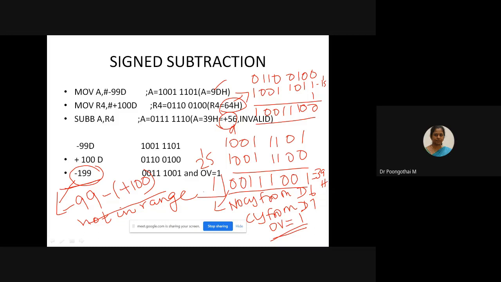So from the above example, we conclude that in any signed number addition, your overflow indicates whether the result is within the range or not. If overflow is 0, the result is valid, that is within the range. Otherwise, the result is not valid.